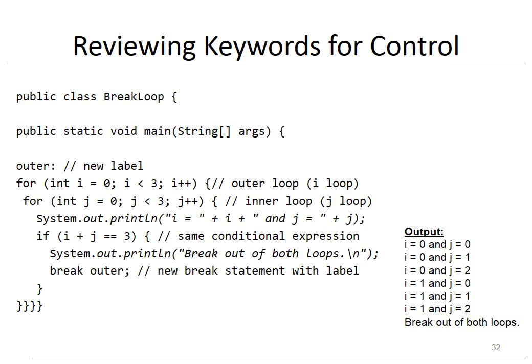In the inner for loop, the if-then statement will verify whether the sum of both loop variables i and j equals 3. If yes, the break outer statement will break out of both for loops. Note that if we would not have included the outer label, the break statement would only break the inner loop.